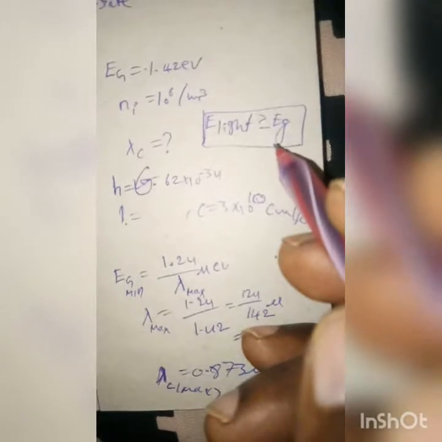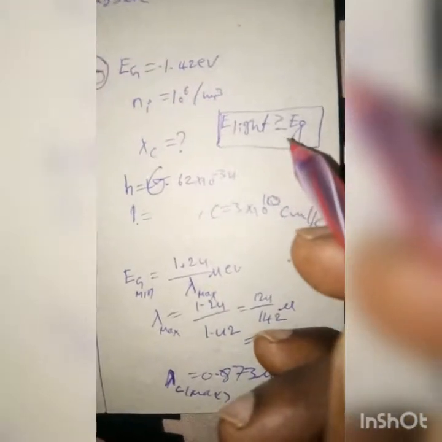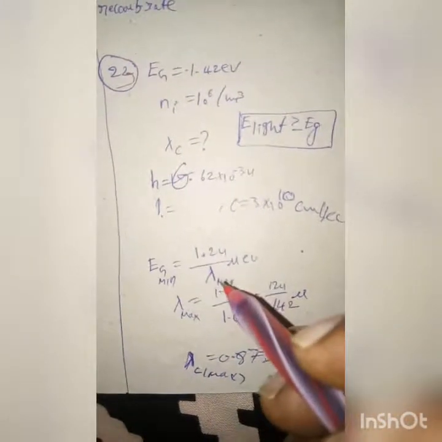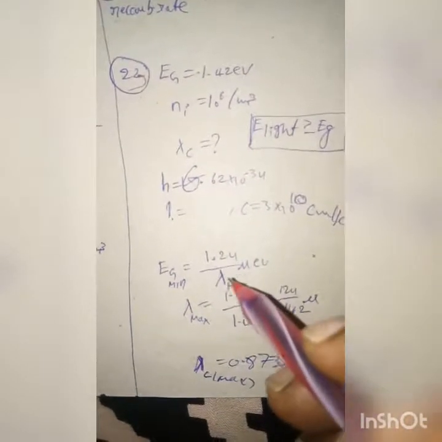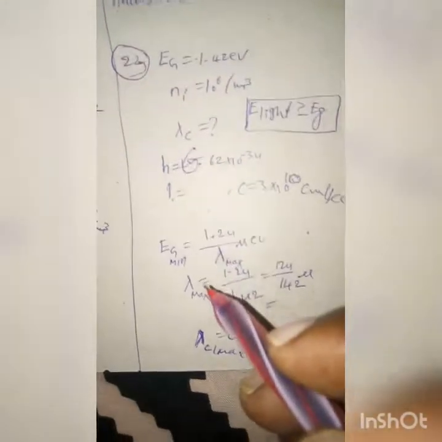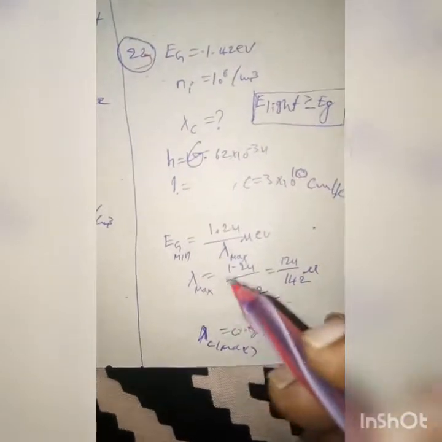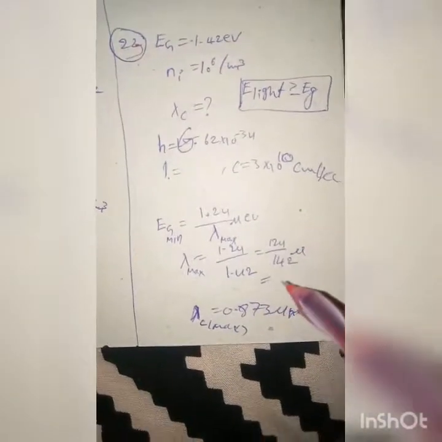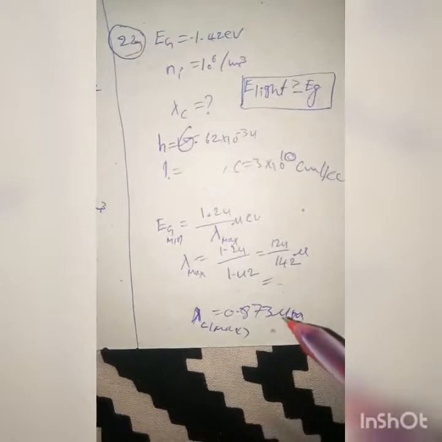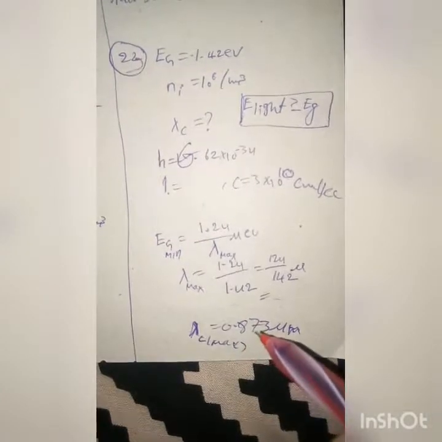Maximum you can apply anything, but minimum it should be Eg or greater. So Eg minimum is equal to 1.24 by lambda, which means lambda is maximum, inversely proportional. You want to get lambda max is equal to 1.24 by Eg minimum. Eg he already gave as 1.42 electron volts. If you do the simplification, you get 0.873 micrometers, lambda c maximum. That means lambda c maximum is 0.873 micrometers. See the options.